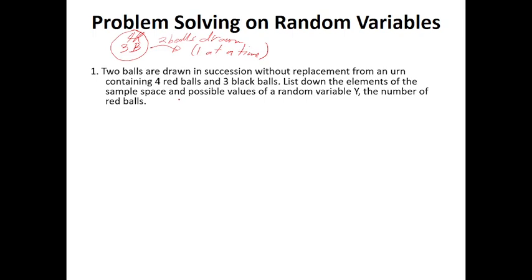If we will draw two balls from an urn, what are all the possible outcomes? So, ibig sabihin yan, what are all the possible elements of the sample space? So, ano lahat ng possible elements ng sample space? Two balls are drawn in succession without replacement from an urn containing 4 red balls and 3 black balls. List down the elements of the sample space.